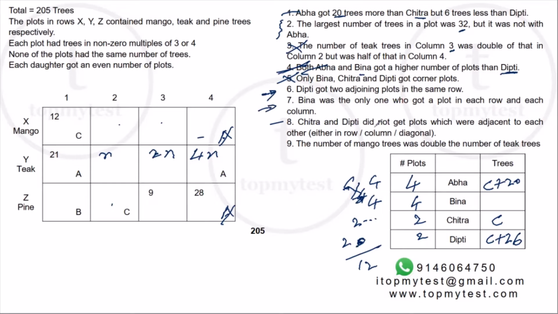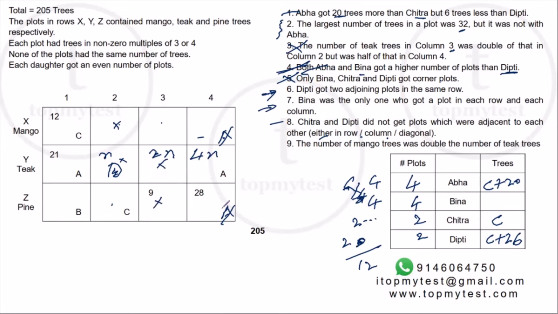Chitra and Deepti did not get any plots which were adjacent to each other, either in row, column or diagonal. Now we know Deepti got two adjoining plots in the same row, but Deepti and Chitra cannot be adjacent in either way. Deepti cannot get this plot, because this is in a column, and anyway this is a diagonal also. So Deepti cannot get these plots.